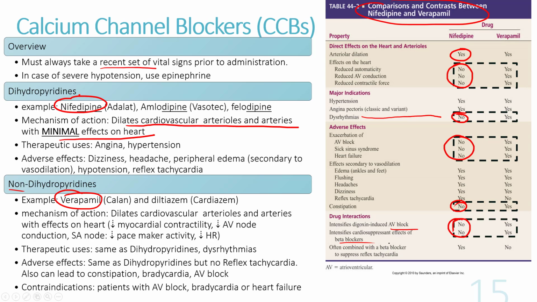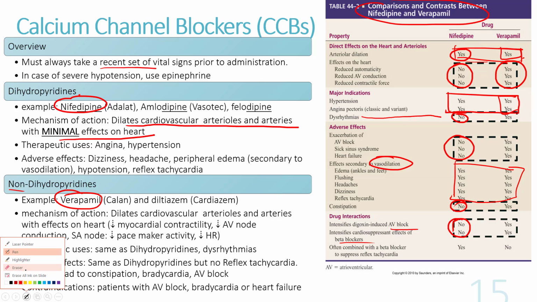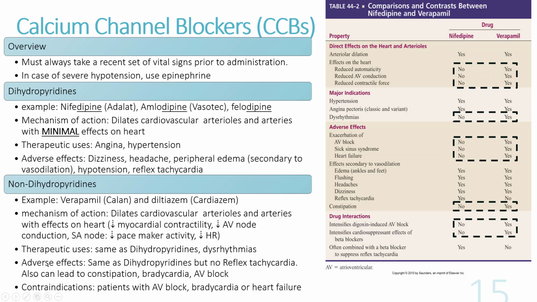Okay, verapamil has the same effect as nifedipine on the blood vessels, right? So same adverse effects as nifedipine on blood vessels, but it also has other effects because it does work on calcium channels in the heart.